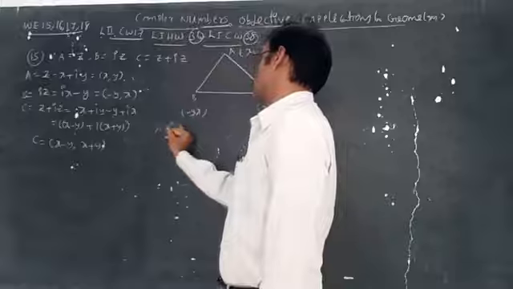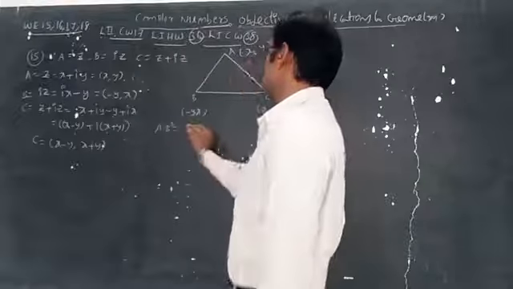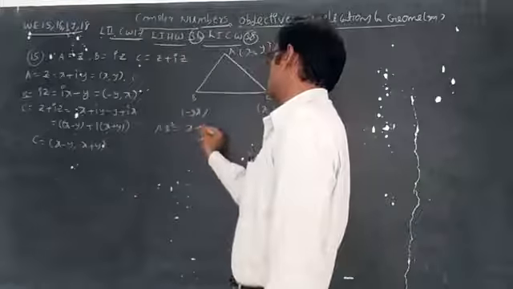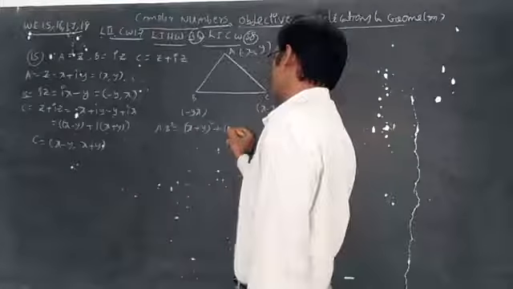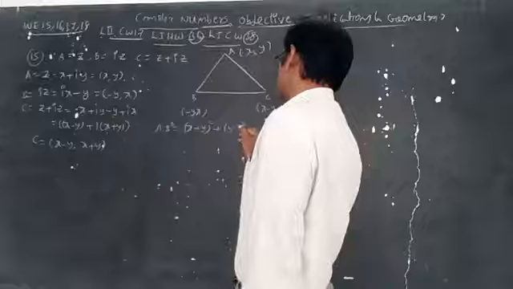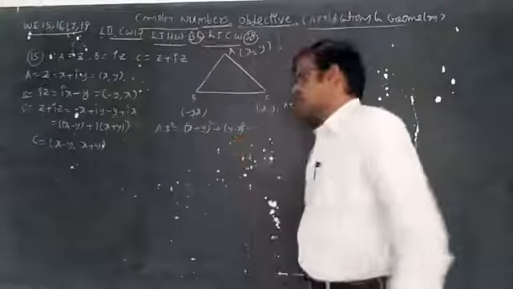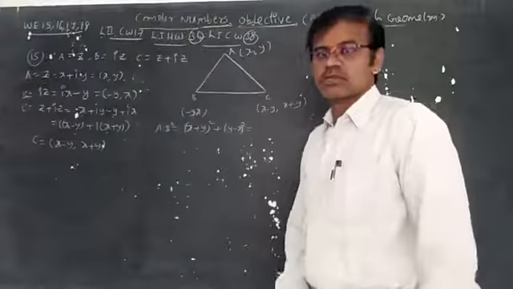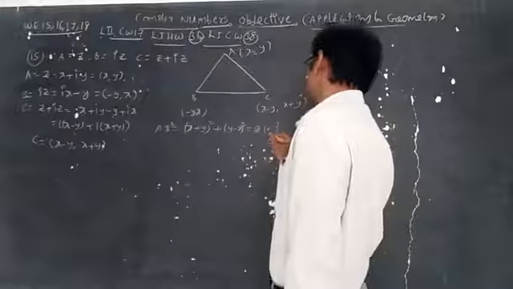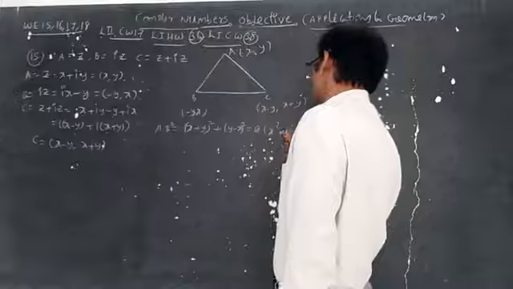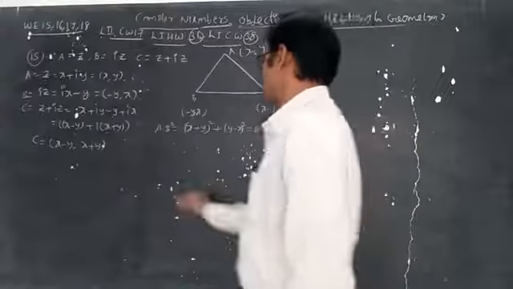I am doing AB square. AB square is equal to x minus of minus y whole square, so x plus y whole square, plus y minus x whole square. You can understand this as y plus x whole square plus y minus x whole square. So by the formula, a plus b whole square plus a minus b whole square is 2 into a square plus b square, so it is 2 into x square plus y square.